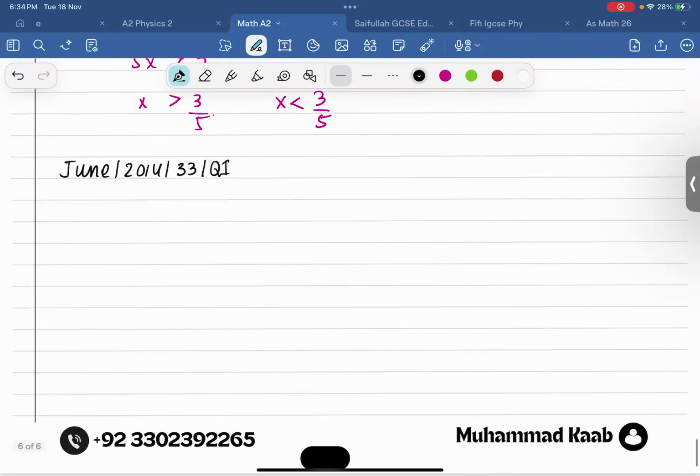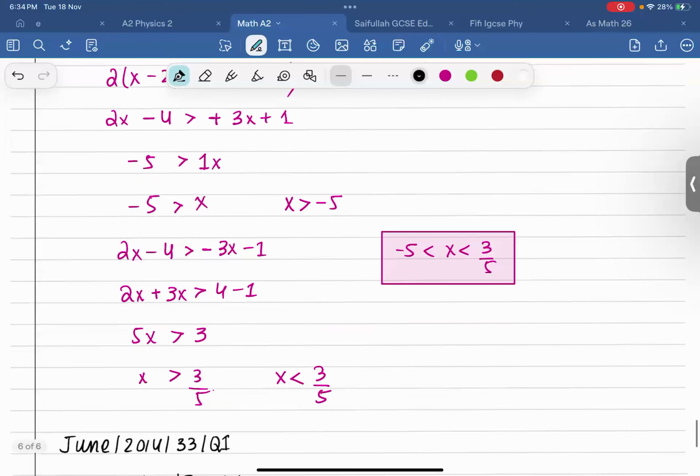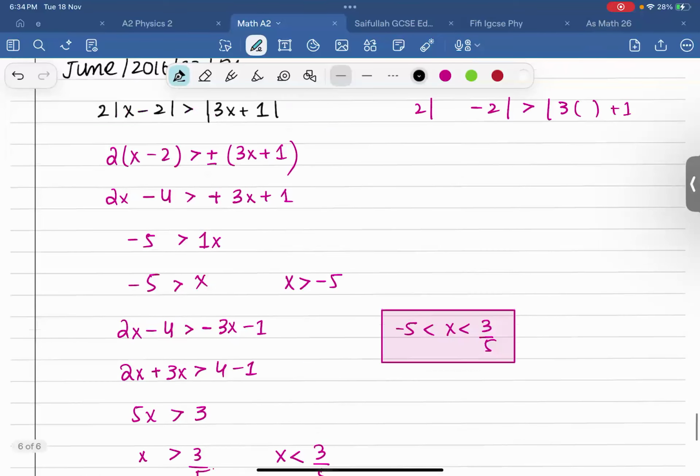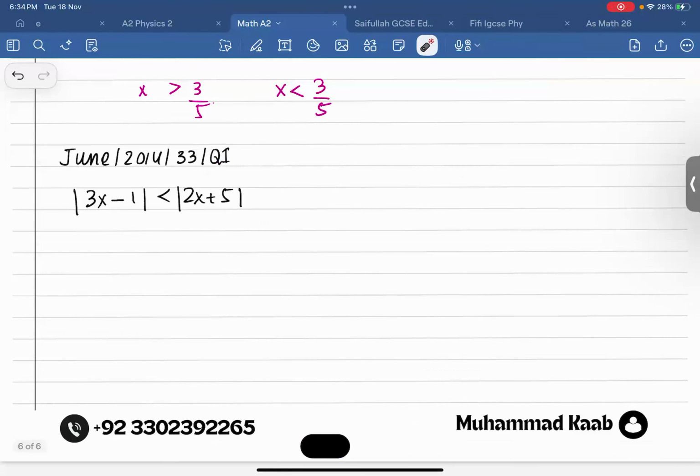Okay, so the question says you have 3x minus 1, modulus, and you have a lesser than sign, and you have 2x plus 5 with a modulus. So use this method: just ignore the modulus and put plus minus sign at any side and solve, okay? Just give it a try, go ahead.